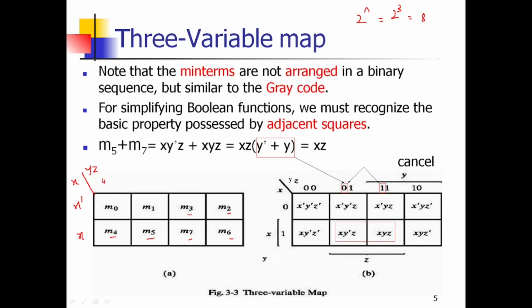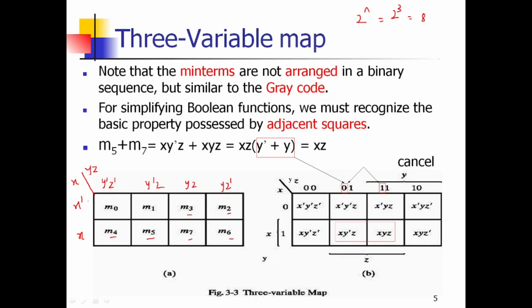And yz can be represented as: for the first column y dash z dash, then y dash z, then yz and yz dash. It is represented as binary values. Y dash z dash is 0 0, y dash z is 0 1, yz is 1 1, yz dash is 1 0.